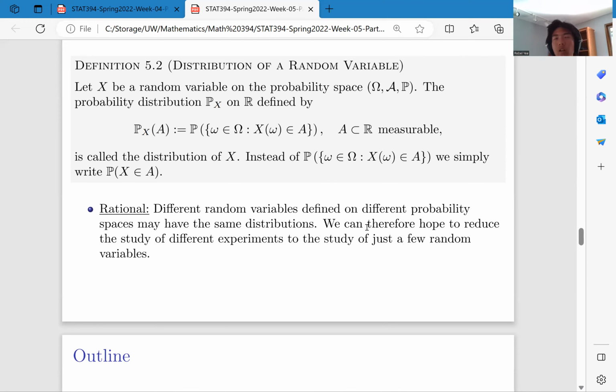For another case, if we define the city of Boston, whether on that day it's raining or not raining, and if it's raining we give it 1, if not raining we give it 0, and it's also 50-50. Not in reality, but in the ideal case.